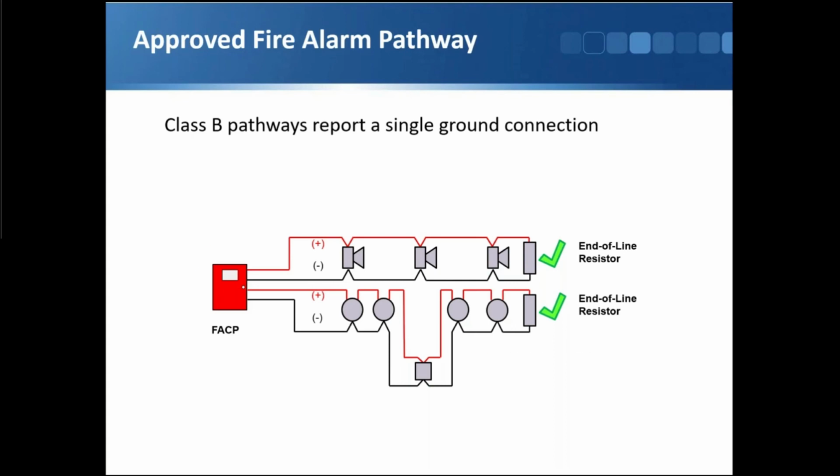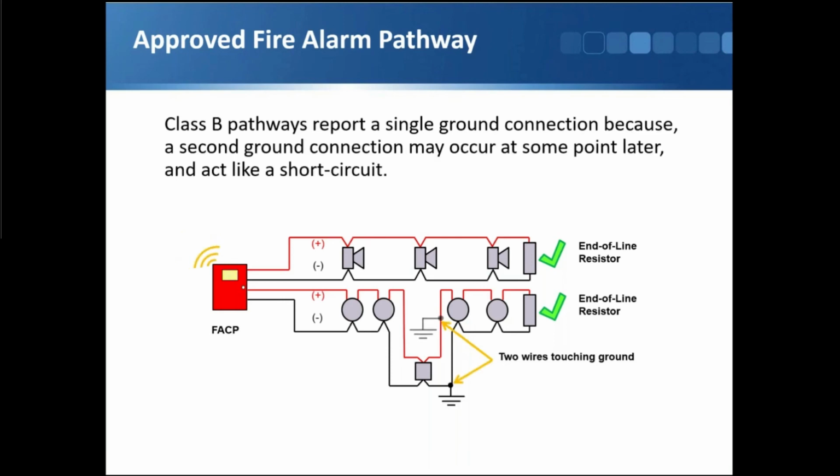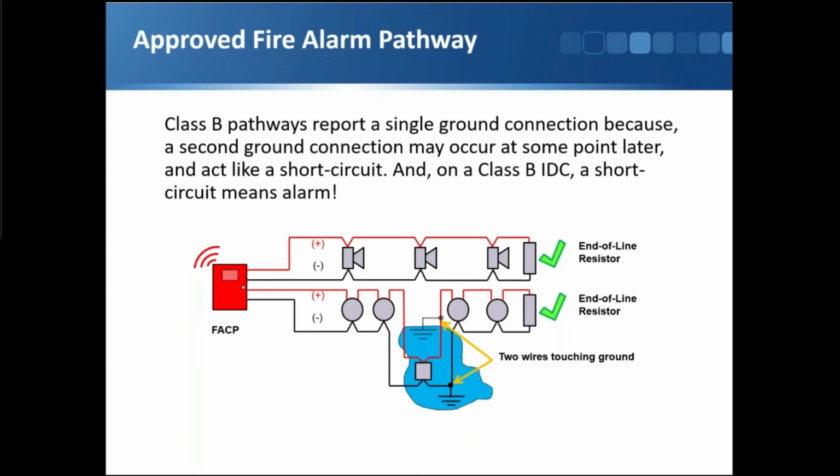So along the lines, it became important that a single wire touching ground was halfway to a failure. And the reason that that was halfway to a failure is that if the other leg touches ground, then you get a short through that ground.